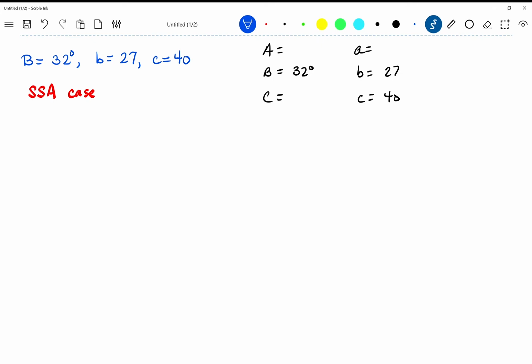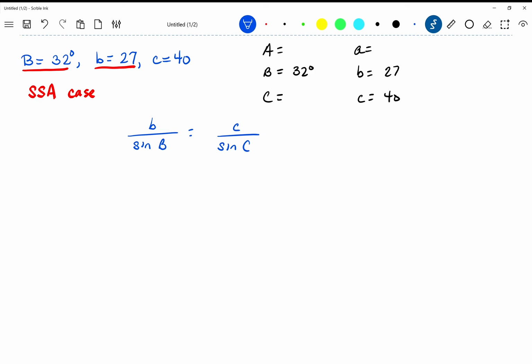So it appears that we should use law of sines because we are given a side and an angle opposite that. Remember that that's one of the ratios that's needed. So I'm going to use the portion b over sine b, and since side c is also given, c over sine c.